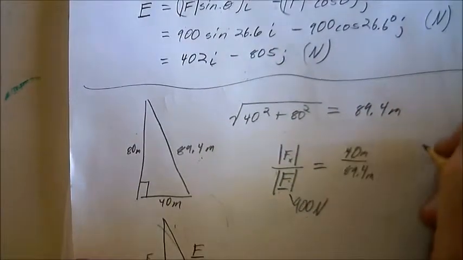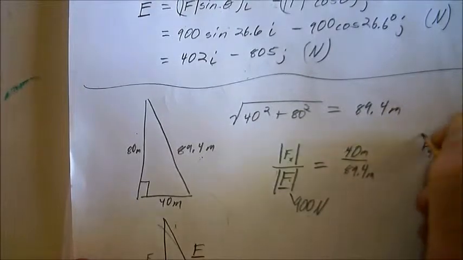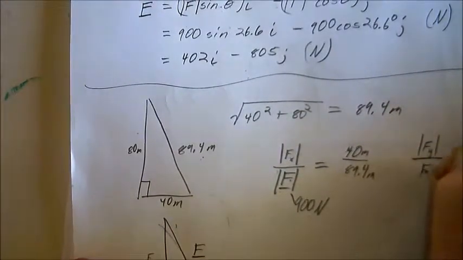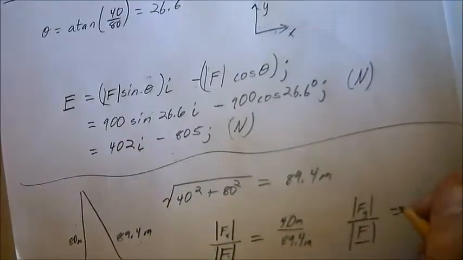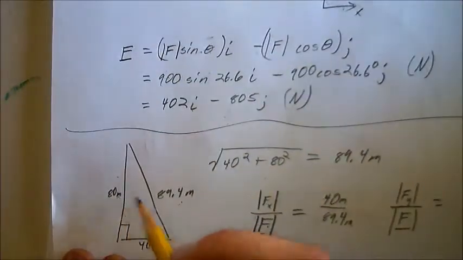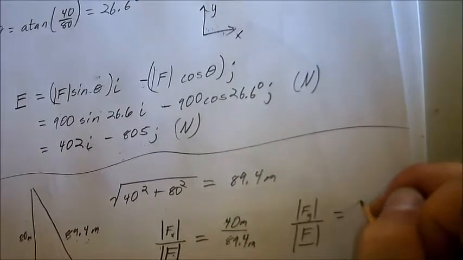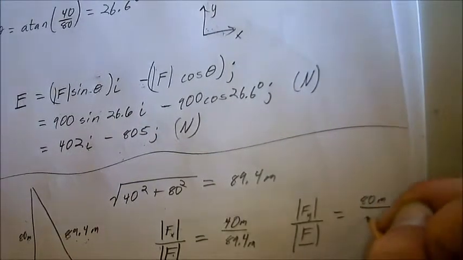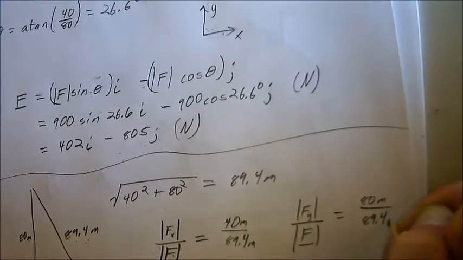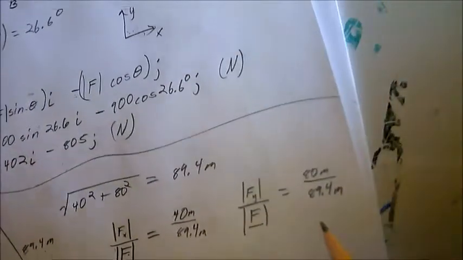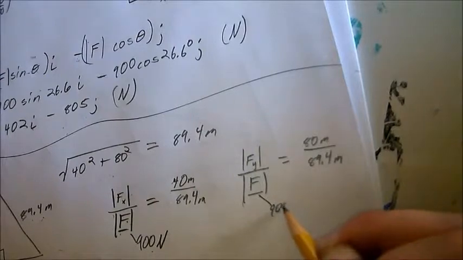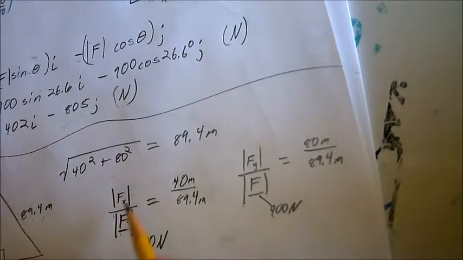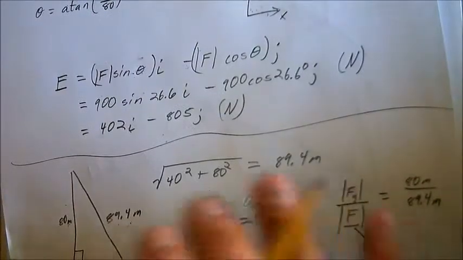And then in the same way, you can do the magnitude of f of y, all over large F, is equal to the ratio of the y distance to the hypotenuse, which is equal to 80 meters all over 89.4 meters. Just like that. And you know this is 900 newtons, so you can solve for f of y. And there are your two components.